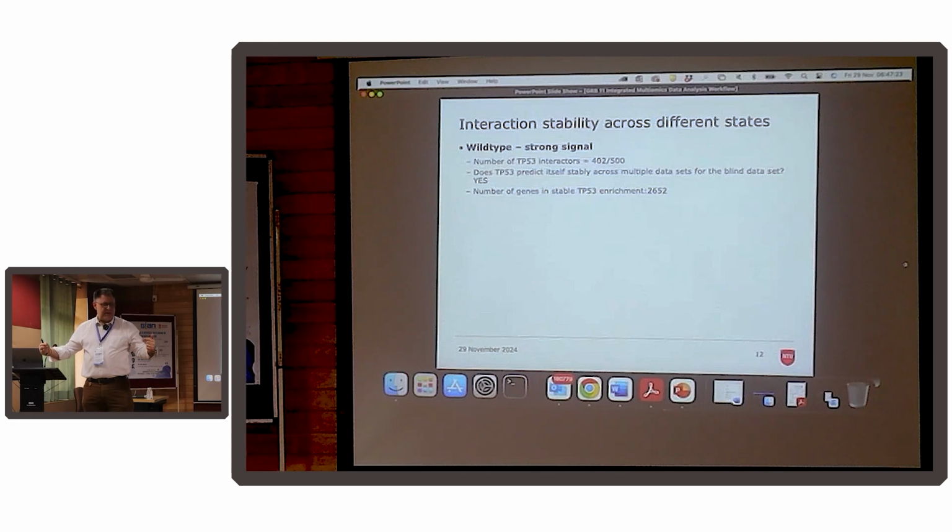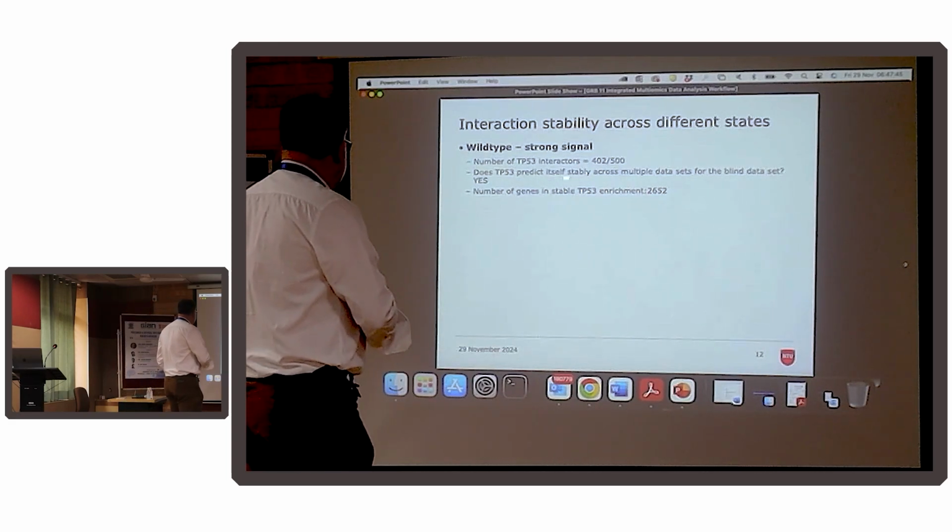Everything is coming up stably. If something comes up less than 500 times, then there's minor instabilities. Here we had things coming up 402 out of 500 times, which is pretty stable. The things that were coming up were pretty consistent and stable.